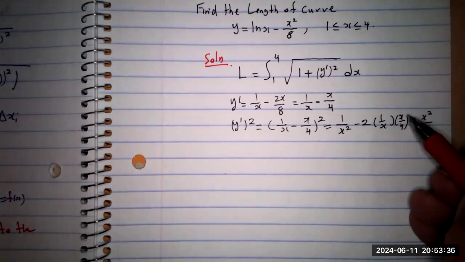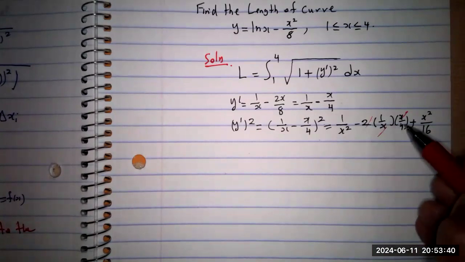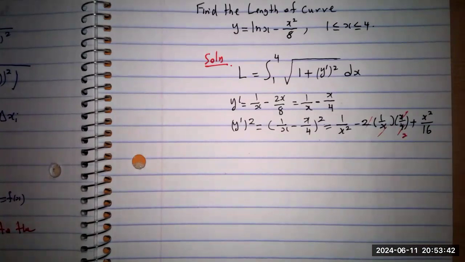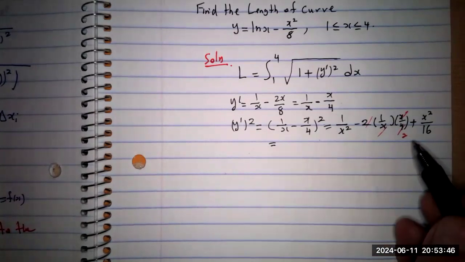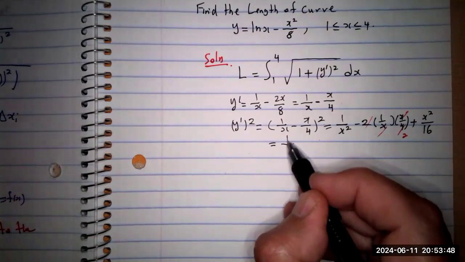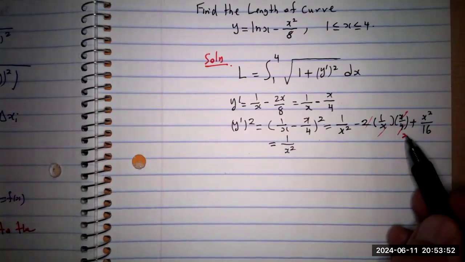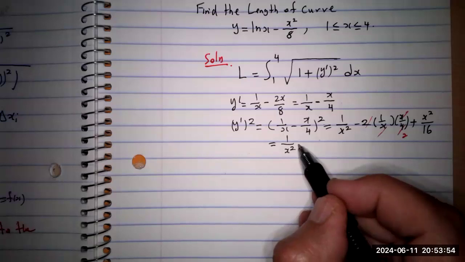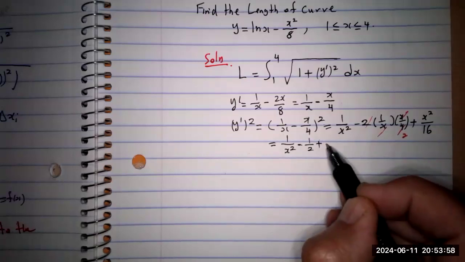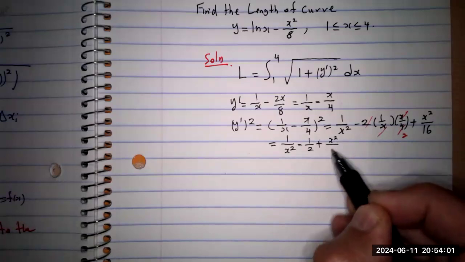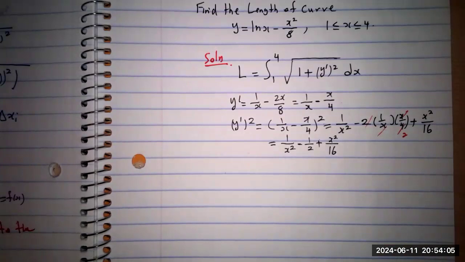Now we simplify. This x and x cancel out, these 2 and 4 cancel out. So the conclusion is 1 over x squared minus 1/2 plus x squared over 16. This is y prime squared.